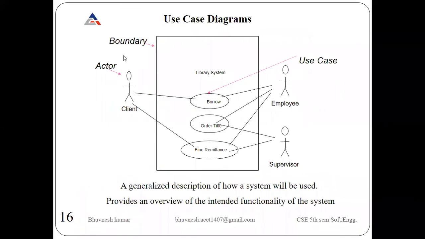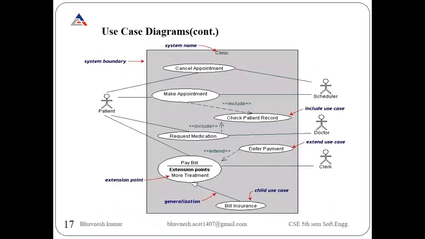Here is a diagram of use cases. This is an actor, this is also an actor, employee, supervisor, and these are the use cases. The solid line is for association. This is another example with a proper project. The system name is Clinic, and this is the system boundary. These are the use cases, and these are the actors performing those goals. The patient can cancel an appointment. The patient can make an appointment, and make appointment includes check patient record.